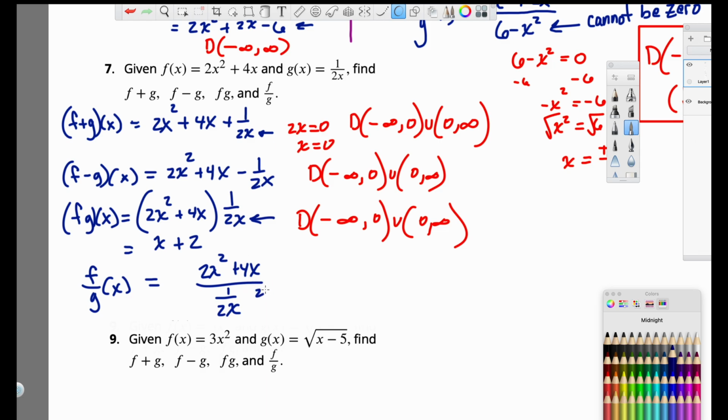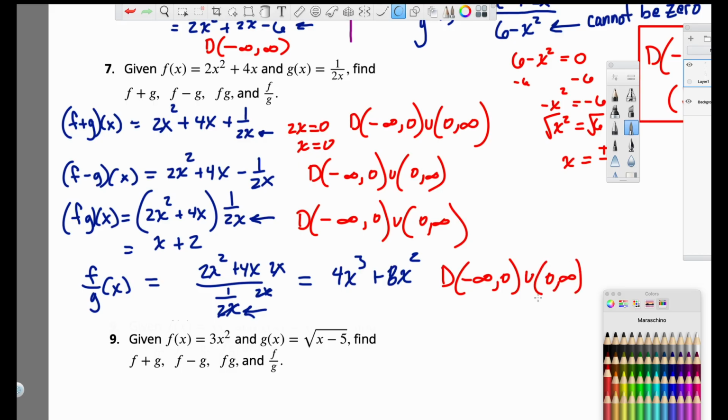We can multiply top and bottom by 2x to get rid of this, and that will give us 4x cubed plus 8x squared. You might say, oh, there's no divide by 0, but we had it right here in the beginning. So there's still going to be a hole here at 0. Okay, 7 is done.